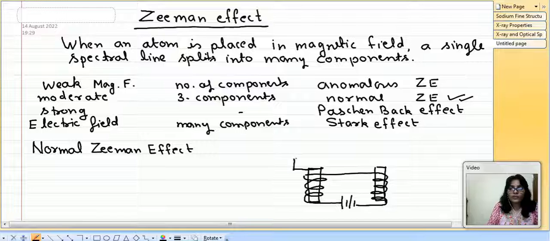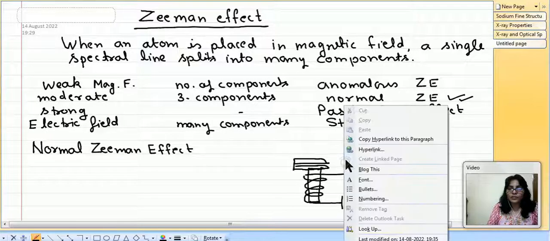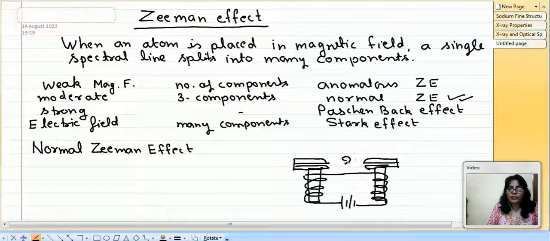Now let us make the poles. This is the shape of the pole, two poles here and on this side also. In between the two poles an atom is placed. So let us say this is the atom.